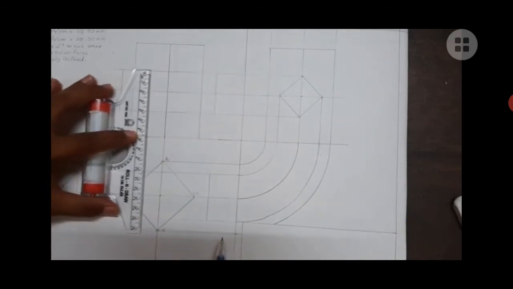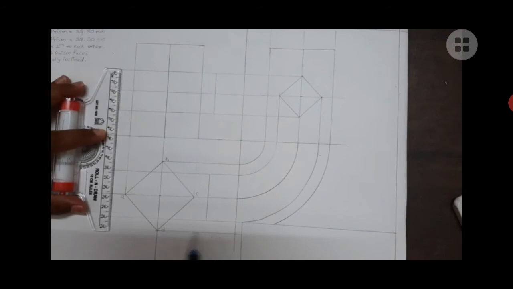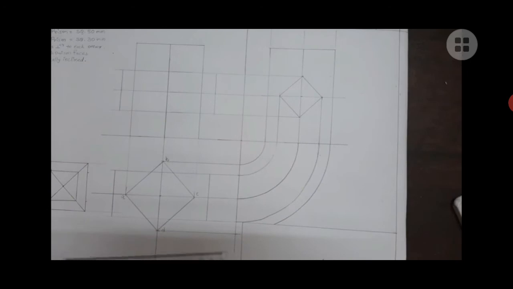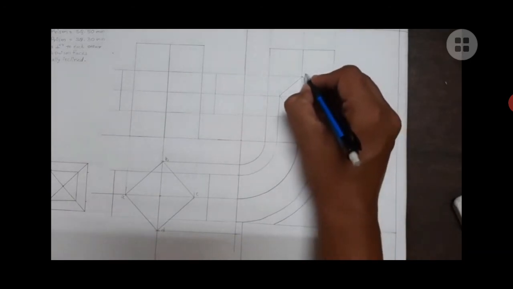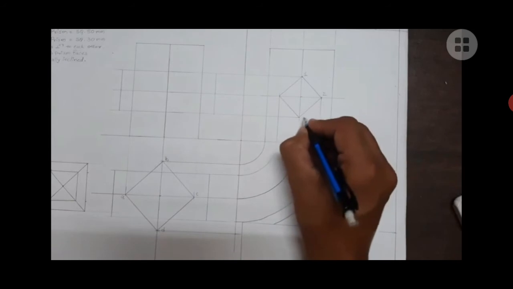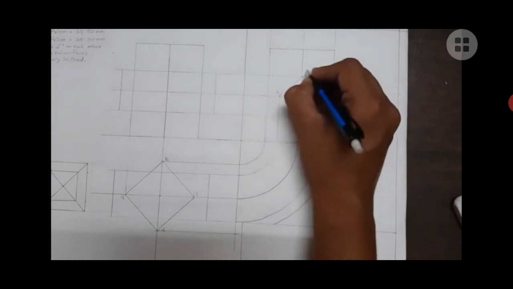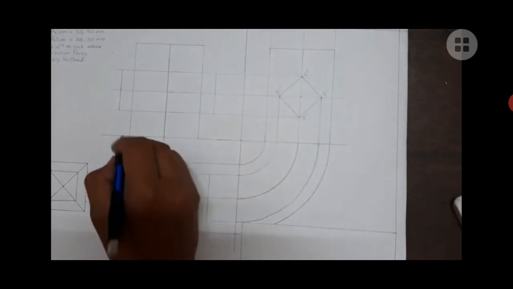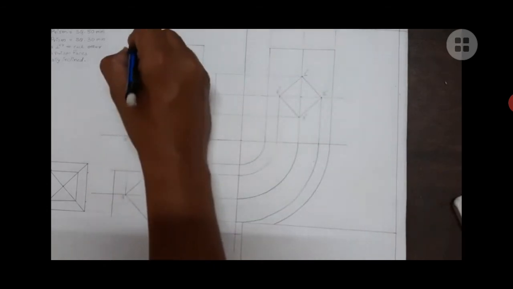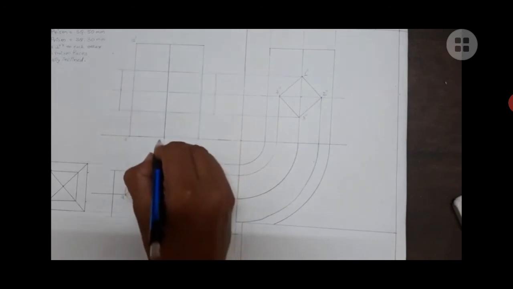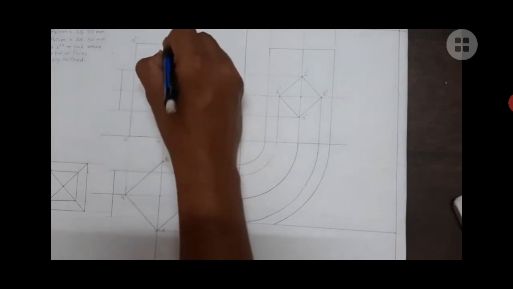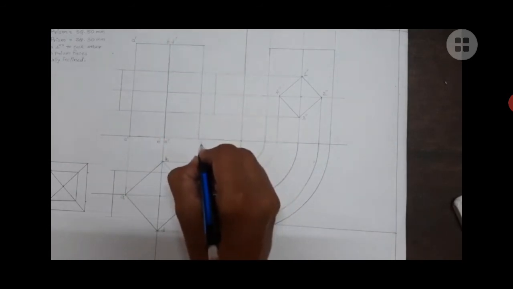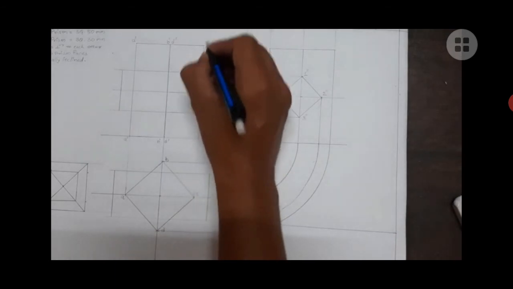This is a side view, the whole length of the horizontal prism with the dimensions. 1, 2, 3, 4. Name as 1 dash, 2 dash, 3 dash, 4 dash. Similarly A dash, B dash, C dash, D dash, C double dash.